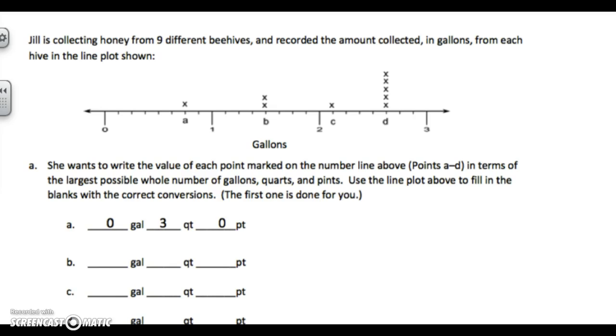Going on to part B, it says find the total amount of honey collected from the 5 hives that produce the most honey. Well, each X is a hive. Now, this hive is between 0 and 1, so it's not going to be the most. The further we go on the number line this way, the greater it's going to get, right?